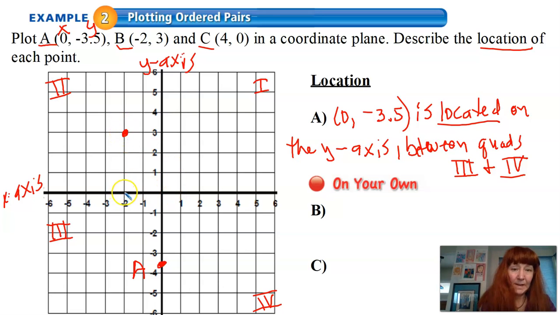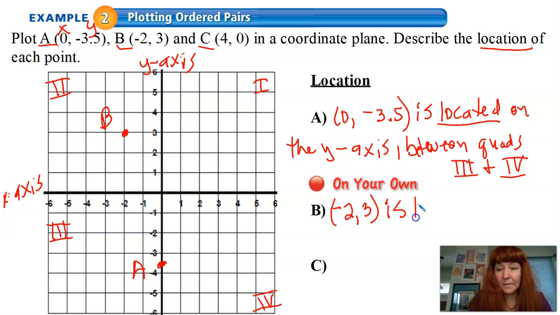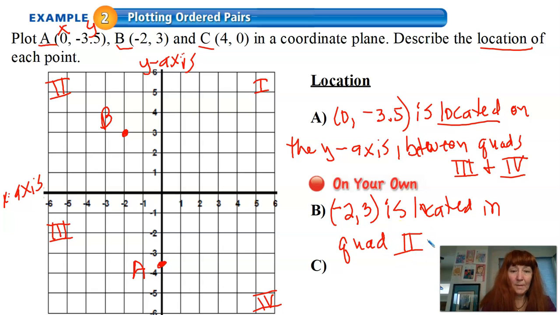X is negative, Y is positive, and I put a capital B next to it. So -2, 3 is located in quadrant 2, right? It's in this part of the graph. It is located in quad 2.